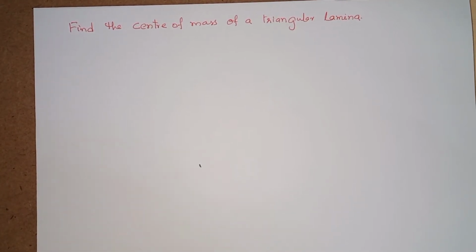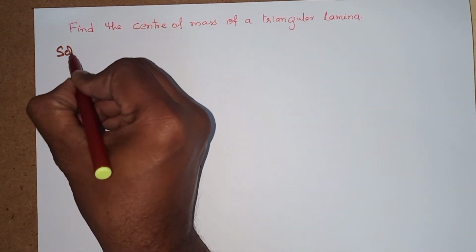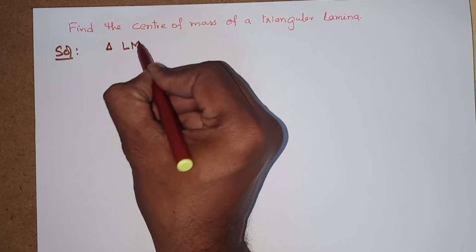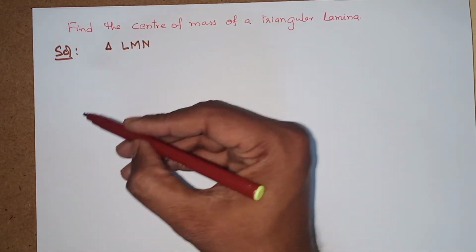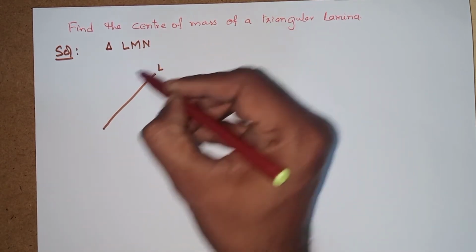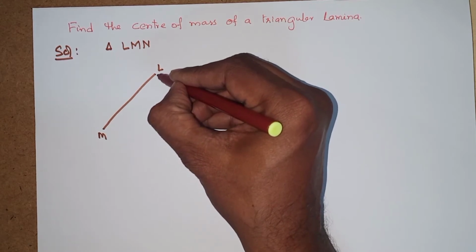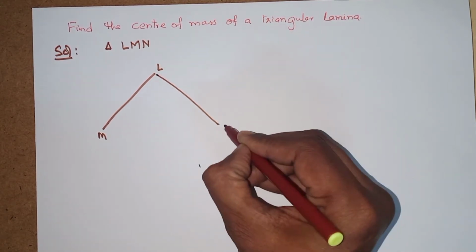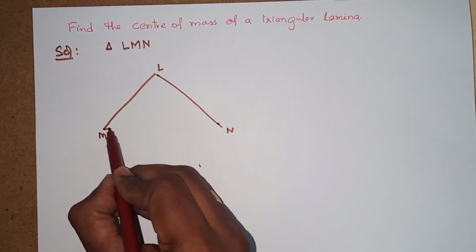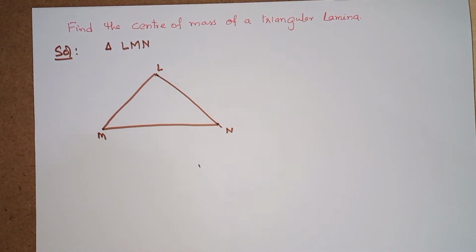Let us simply observe a triangle, say L, M, N. This is simply a triangle.